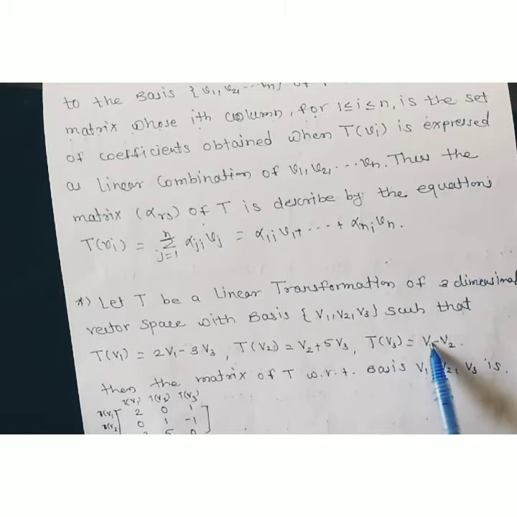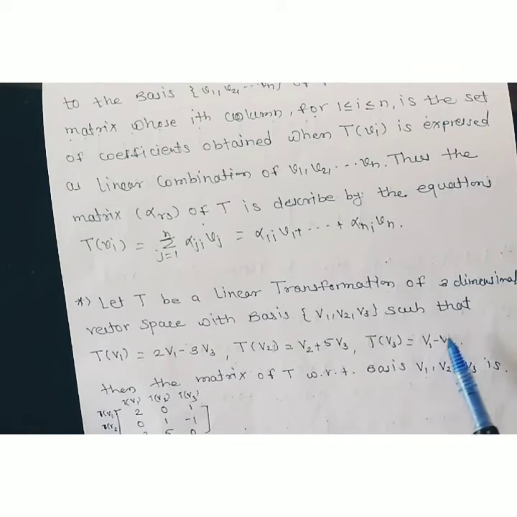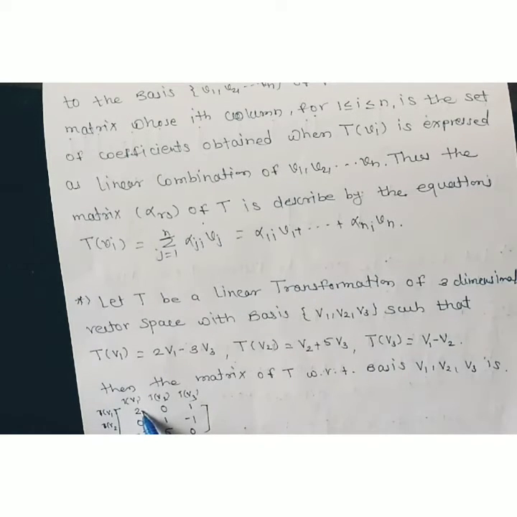Now for T of v3, the coefficient of v1 is 1, the coefficient of v2 is minus 1, and v3 is not present, so its coefficient is 0. Therefore the third column is 1, minus 1 and 0, and the matrix is 2, 0, minus 3, 0, 1, 5 and 1, minus 1, 0.